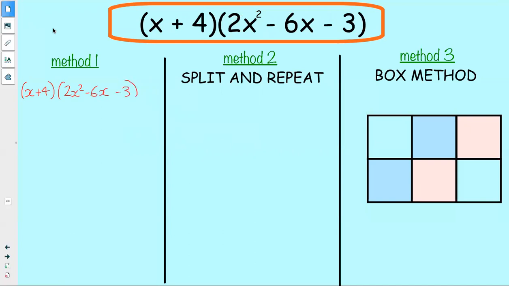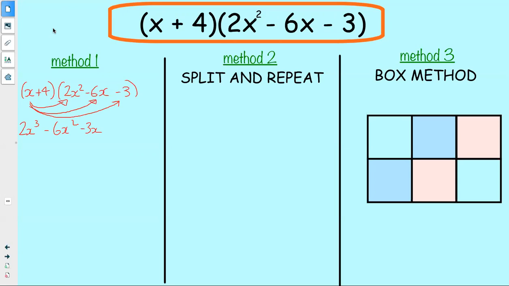So x multiplied by 2x squared is 2x cubed. x multiplied by -6x is -6x squared. x multiplied by -3 is -3x. Okay, so that's when we multiplied that first x by everything in the second bracket.